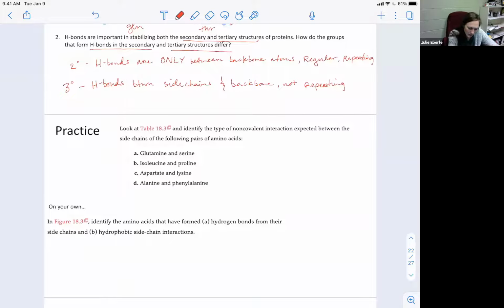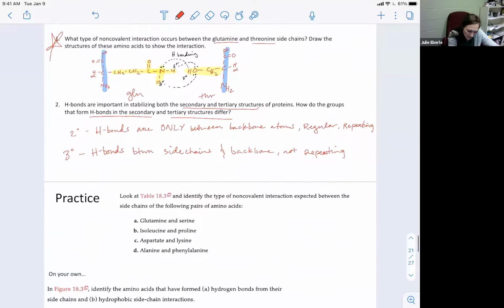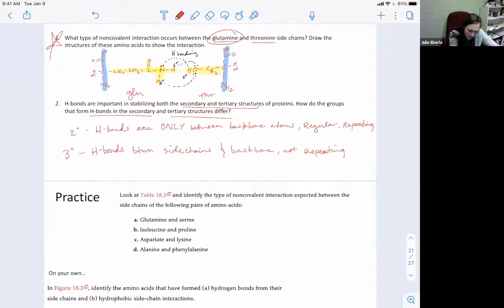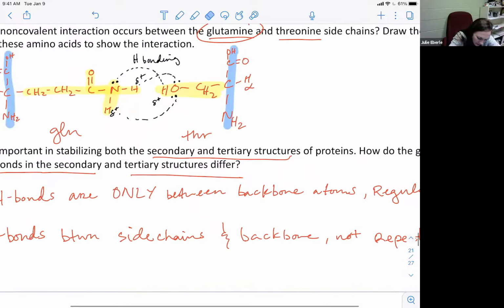So glutamine, we actually drew glutamine out on the slide above, and serine. Serine is going to be just like threonine. I actually didn't even draw threonine quite right. I missed one part on threonine. We drew serine, we didn't draw threonine. I'm going to erase that too. It should be like this, CH3.